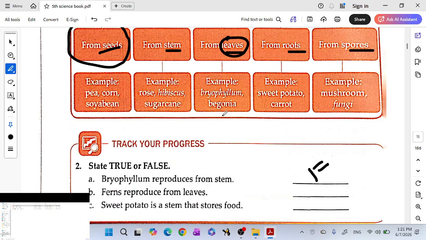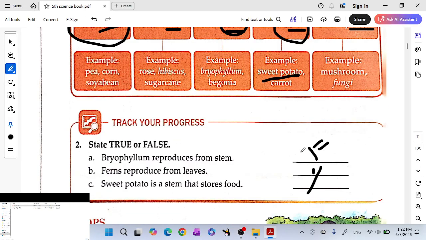Correct? Yes, on the leaves you have spores, so this is true. Sweet potato is a stem that stores food. Is it a stem? No, it is a root. So it is false.